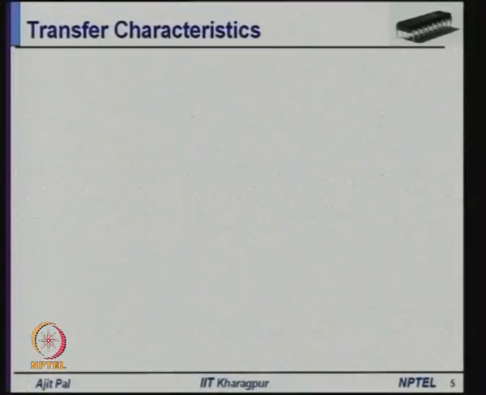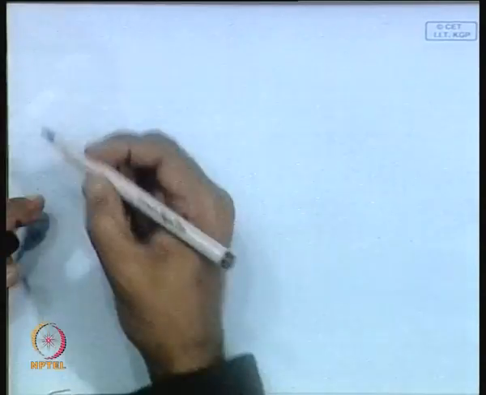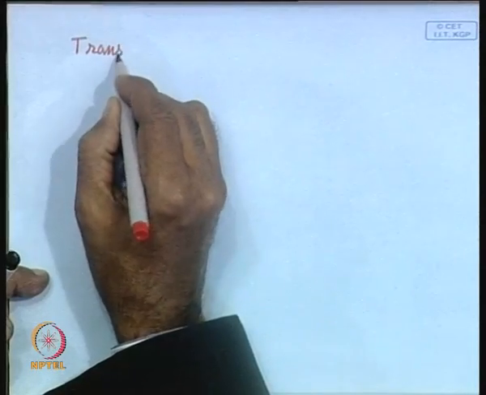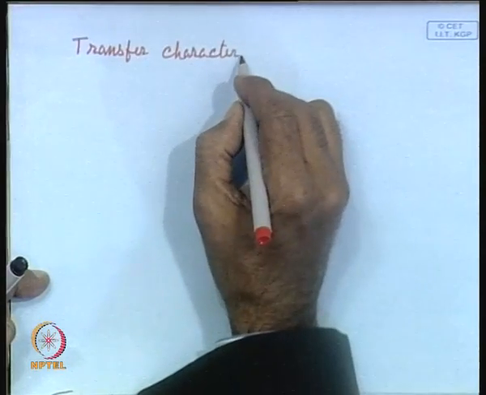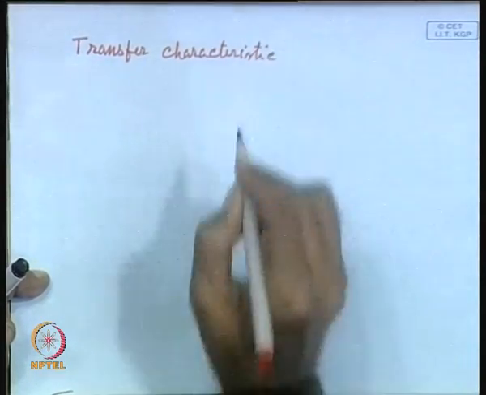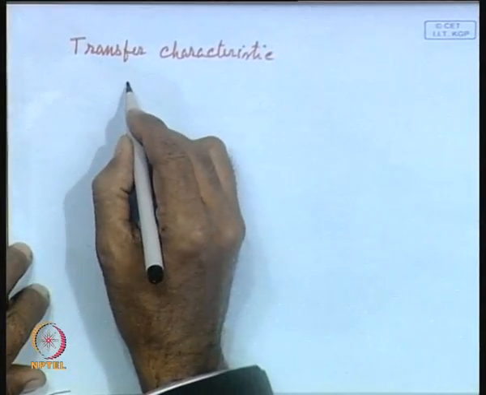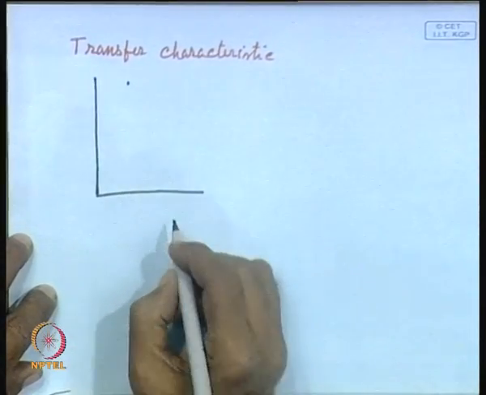Now, we shall consider an important characteristic, which is known as transfer characteristic. So, transfer characteristic of an inverter, let me draw it here. This is the transfer characteristic. So, the transfer characteristic essentially represents how exactly the output changes as you change the input.